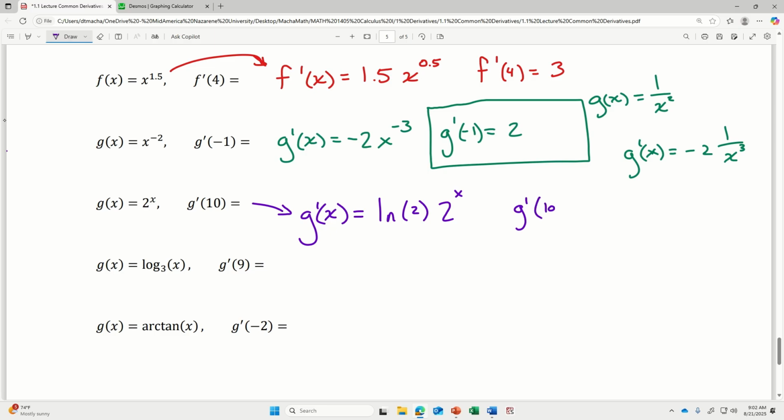So now I'm going to plug in the number 10 for x. x is equal to 10, and that's natural log of 2 times 2 to the 10 power. You can count your powers of 2 if you want to. You can say 2, 4, 8, 16, 32, 64, 128, 256, 512, 1024 times natural log of 2.